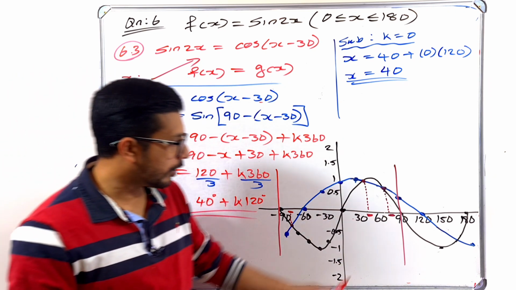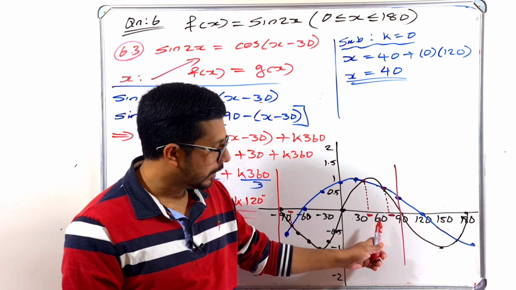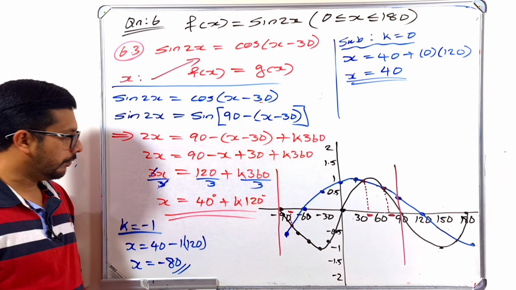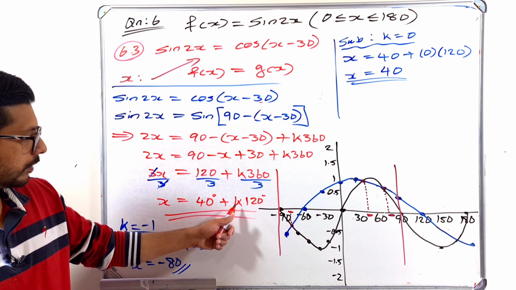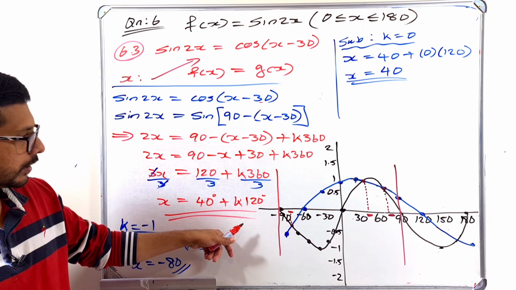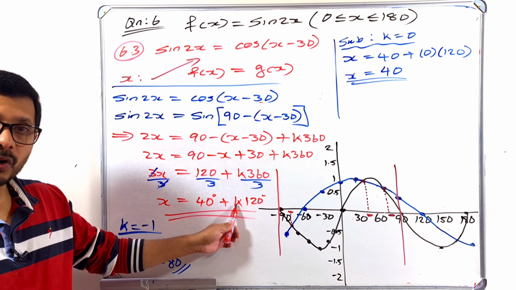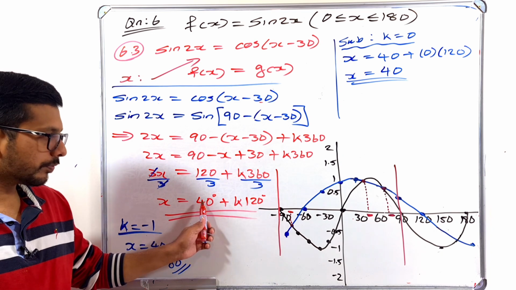Now we have to find one more point. At this point, what is the value of x? That point lies between 60 and 90. If I substitute the value k as 1, 40 plus 1 into 120 is 120, and 120 plus 40 is 160.